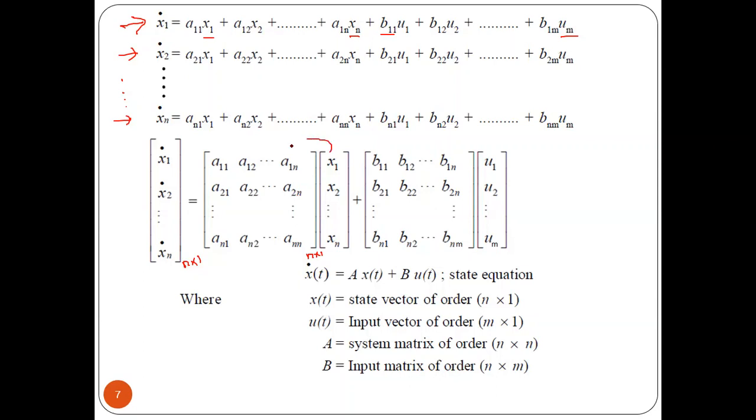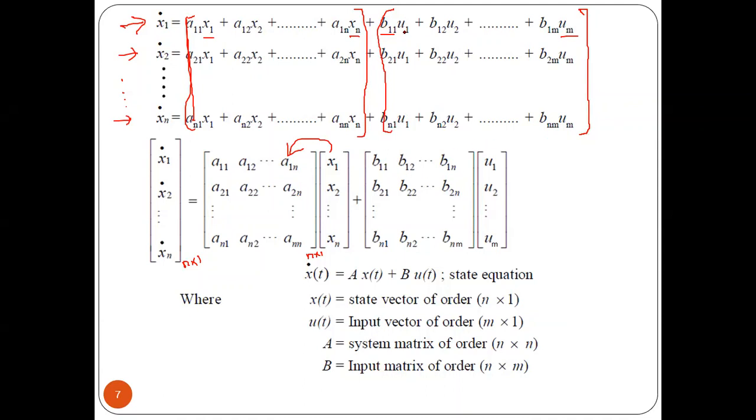When you multiply this matrix with this, again you get this part of the equations, and plus this is added with the input variables with their coefficients.